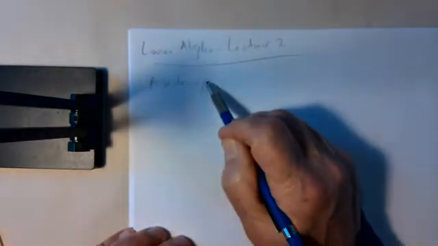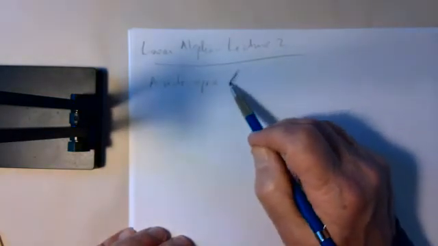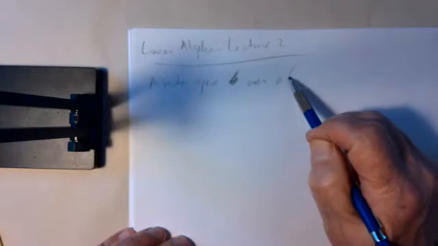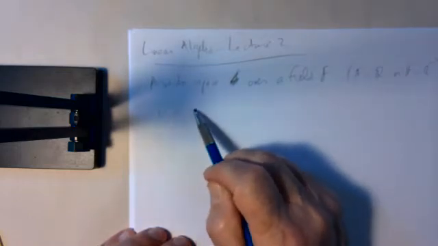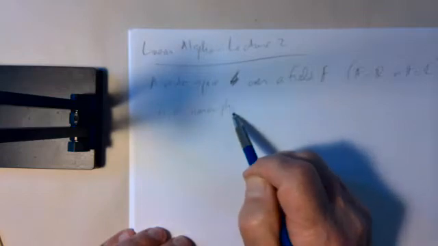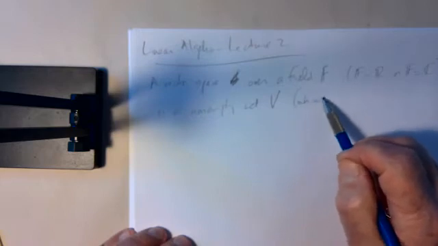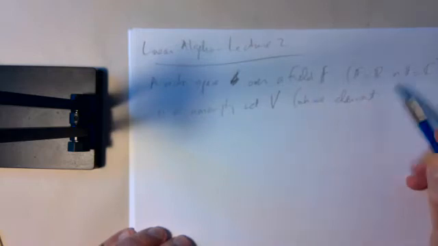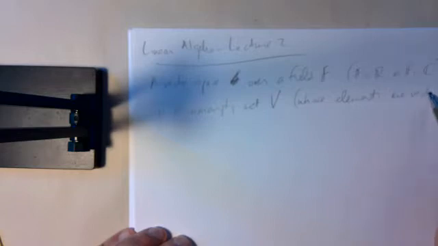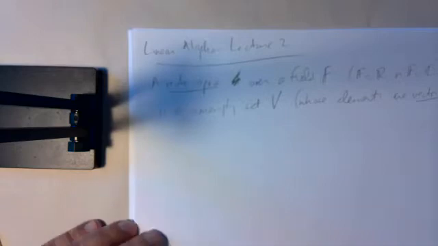A vector space over a field F, and F is either the real numbers or the complex numbers, is a non-empty set V whose elements are called vectors with two operations.